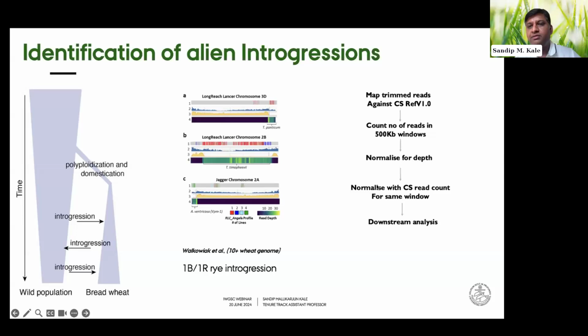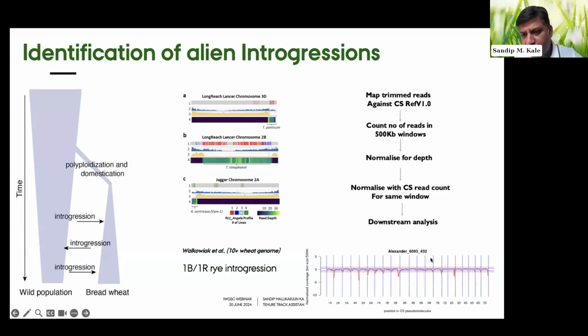And then we designed a simple workflow, based just on the sequencing data, to identify the introgressions, because these regions are diverged from bread wheat. So when you map the reads from the introgressions on Chinese Spring, there is a drop in coverage, and we use this drop in coverage data to identify the introgressions.